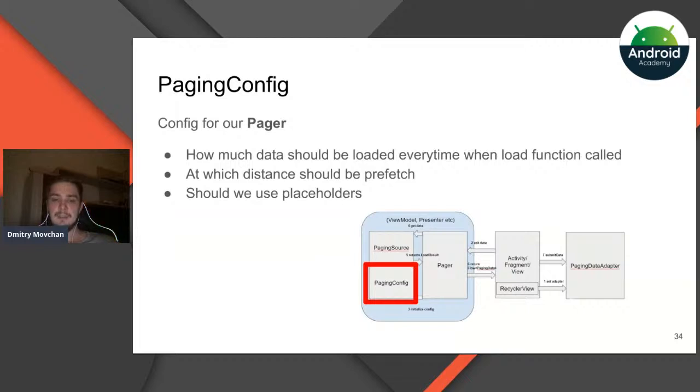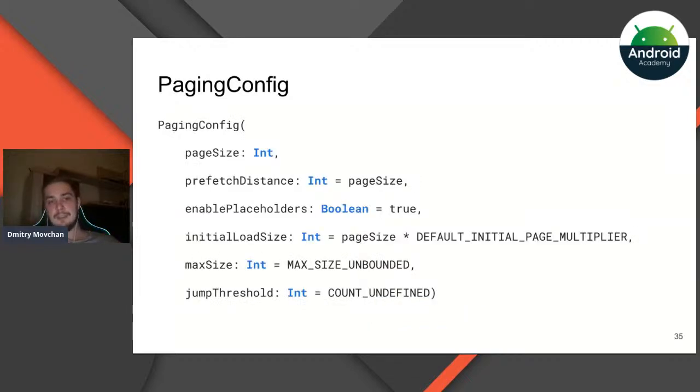Let's get closer to it. PagingConfig has a number of arguments, and a couple of them have default parameters. For example, initial load size is the usual page size multiplied by 3, and max size is the usual integer max value. Let's talk about each of these parameters.